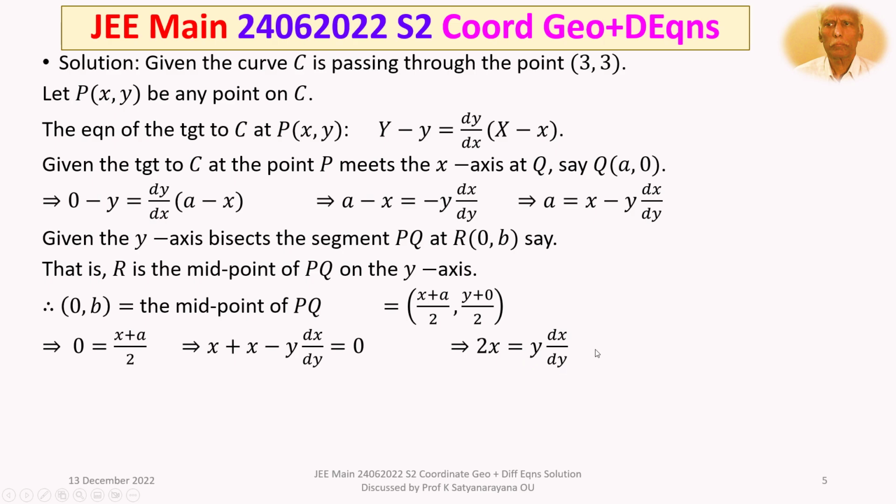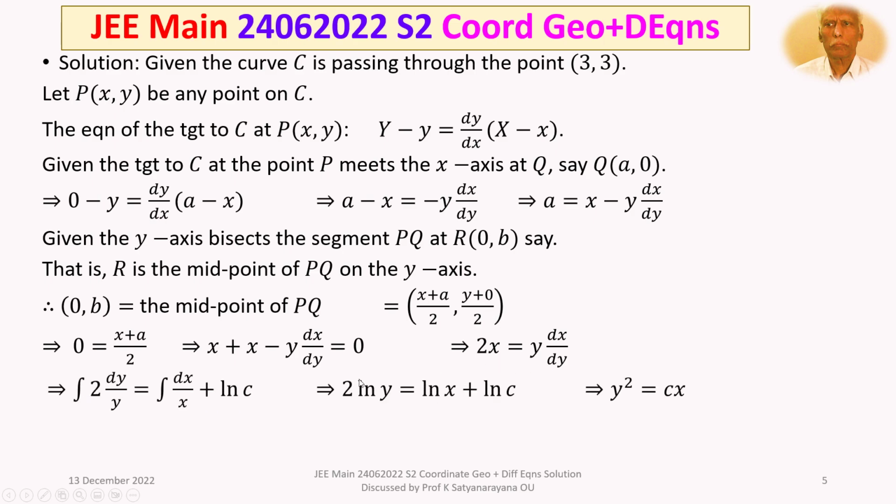It is a differential equation which can be solved. Separating the variables and integrating, we get the solution. Such a method is called the variable separable method. The integral of 2 dy by y is equal to the integral of dx by x plus log c, where c is the constant of integration.